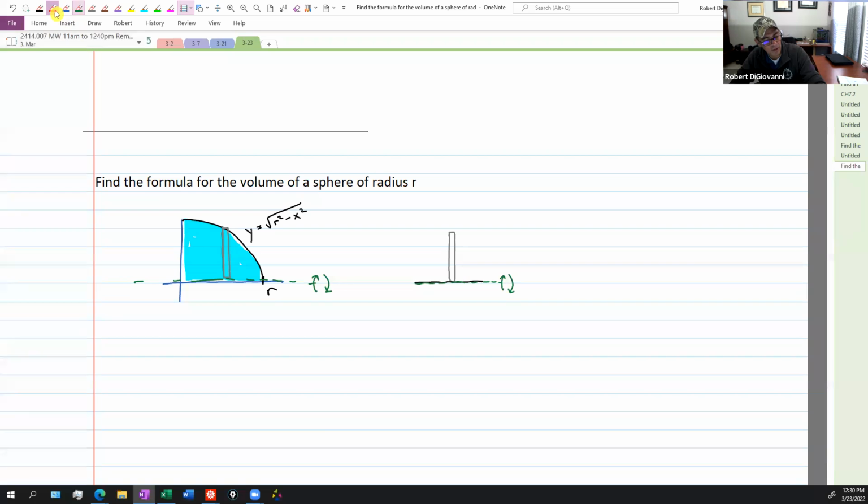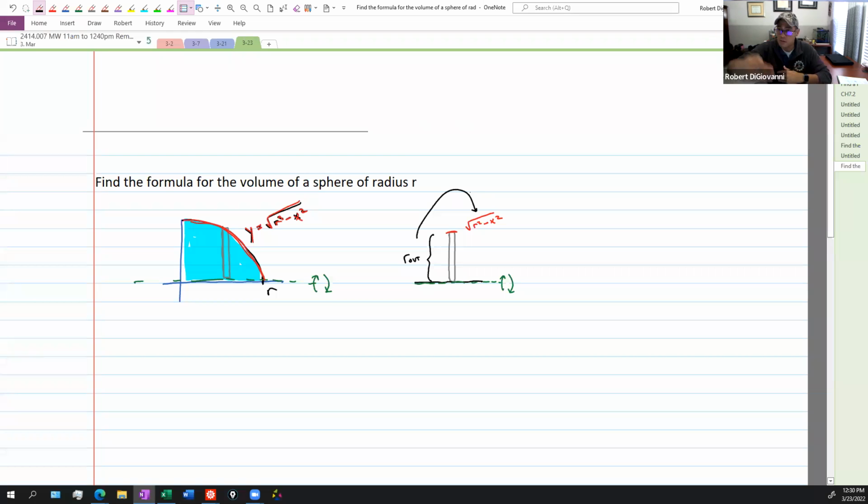The top edge, I'm going to do this one in red. The top edge is this curve here. So this top edge is the square root of r squared minus x squared, right? So r out is just that, isn't it?